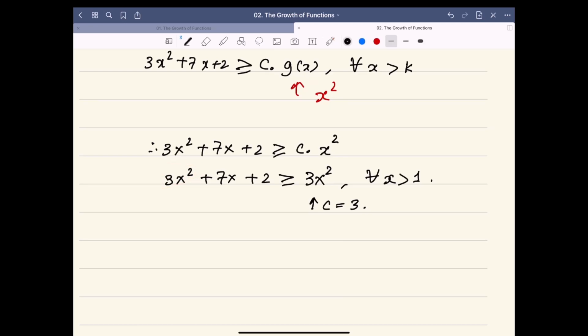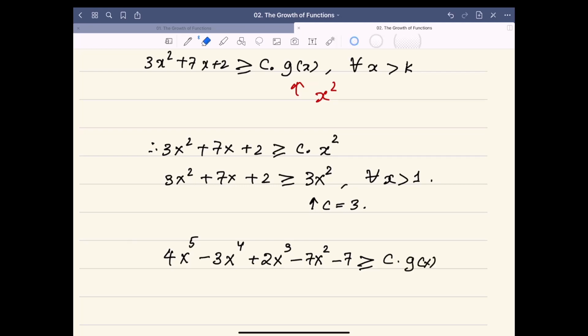However, if you have a polynomial that has some of its coefficients negative, for example, 4x raised to power 5 minus 3x raised to power 4 plus 2x raised to power 3 minus 7x squared minus 7, how do we find a value of a constant c to make the left-hand side greater than or equal to c multiplied by g of x? Again, for g of x, you need to choose a function that is close to this polynomial, so it will be x raised to power 5.